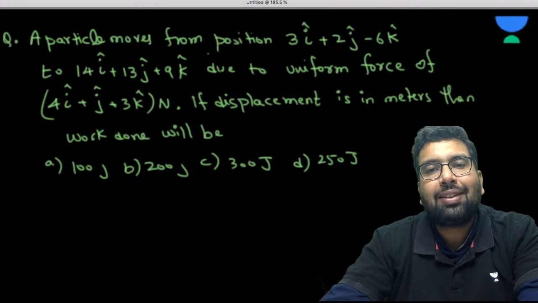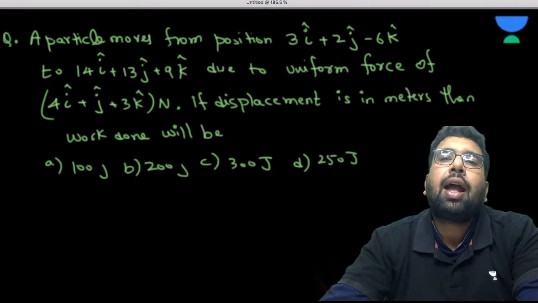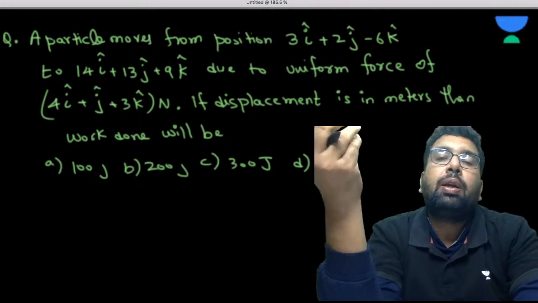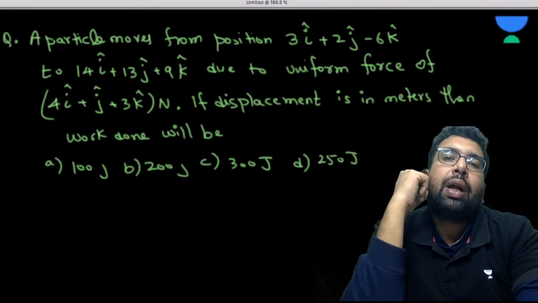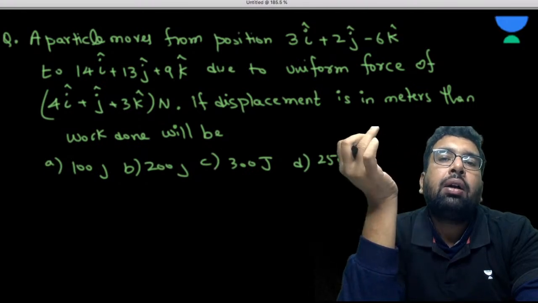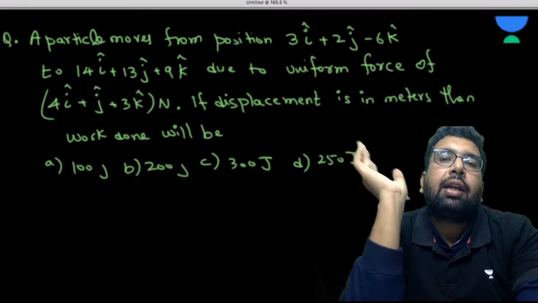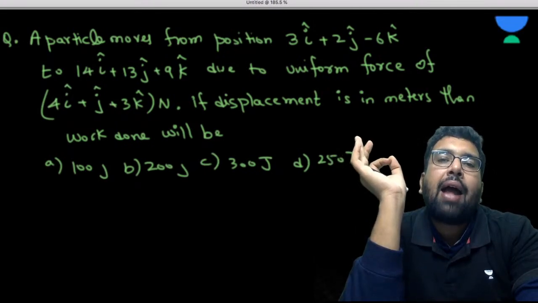Now let's directly do it. 14 minus 3. We know when two vectors in Cartesian form are added or subtracted, this must be at your fingertips: simply add or subtract their i, j, and k components.